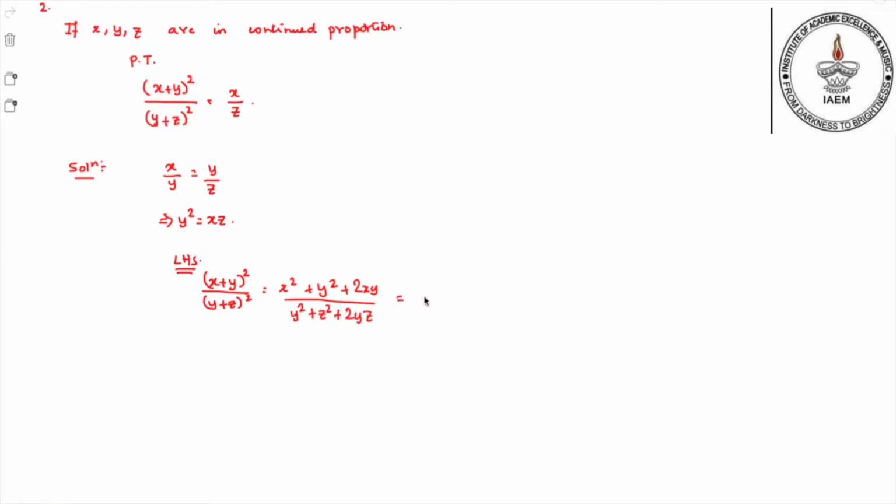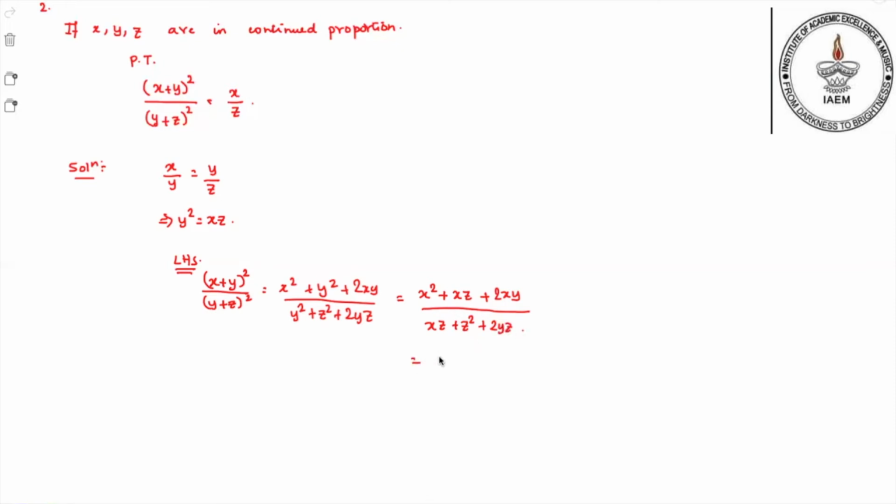Now this can be written as X square plus XZ, replacing Y square by XZ, plus 2XY, divided by XZ plus Z square plus 2YZ.